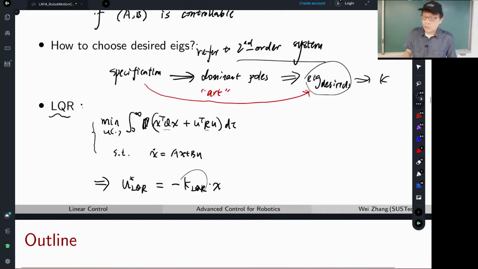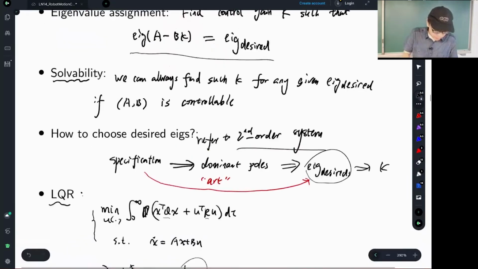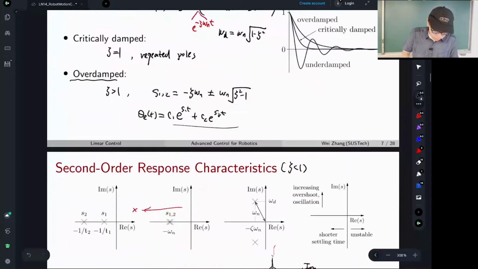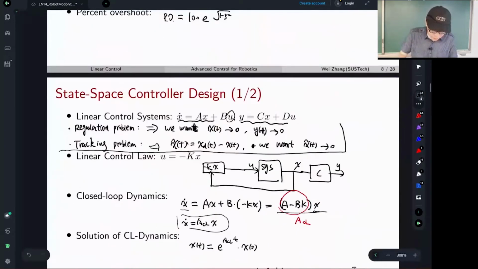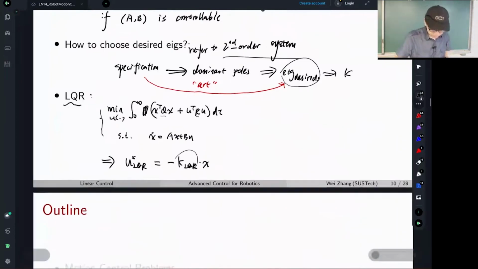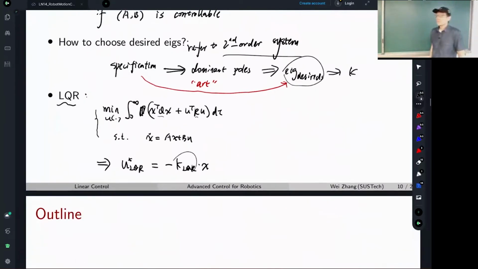It can be easily accomplished. Okay, I gave you somehow a 10-minute summary of the control design for linear systems, and that's all you need to know to really understand the motion control for robotic systems. Any questions so far?